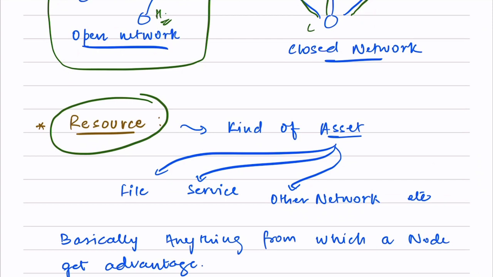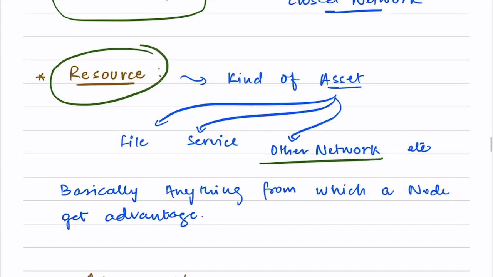That will also be called a resource for your existing service, or even another network can be treated as a resource. It depends, whatever thing you are getting advantage from is basically a resource for that particular service or component or node, whatever you want to call it.